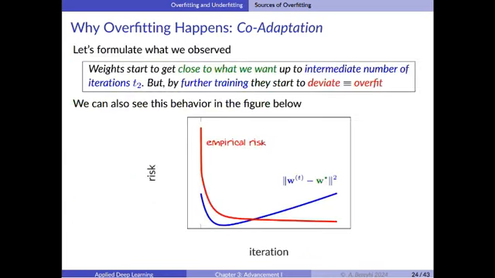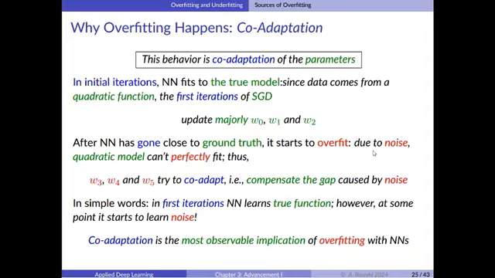So think about this curve. Okay, so we call it co-adaptation of the parameters, and the initial iterations are good and beneficial, and after we have got closer to the ground truth, it starts to overfit due to noise.